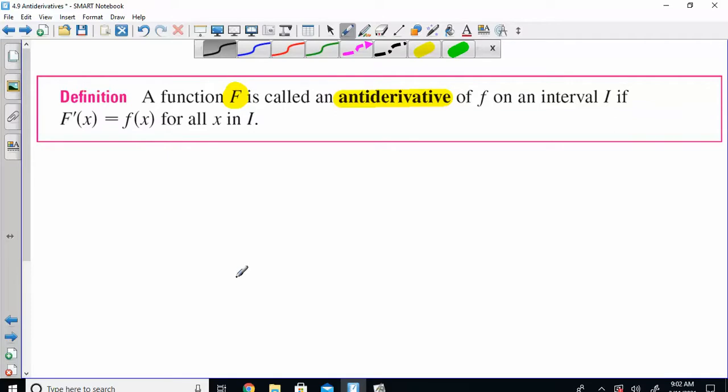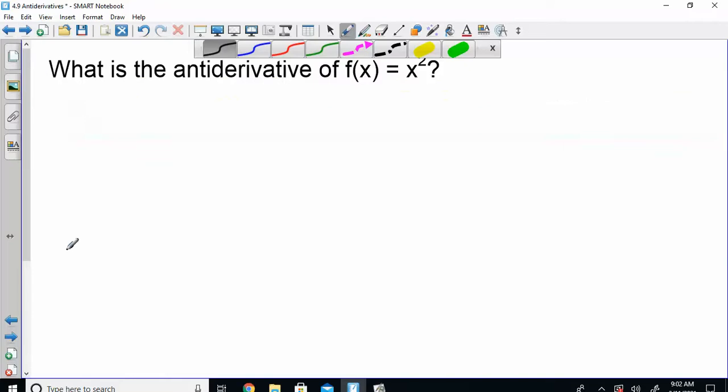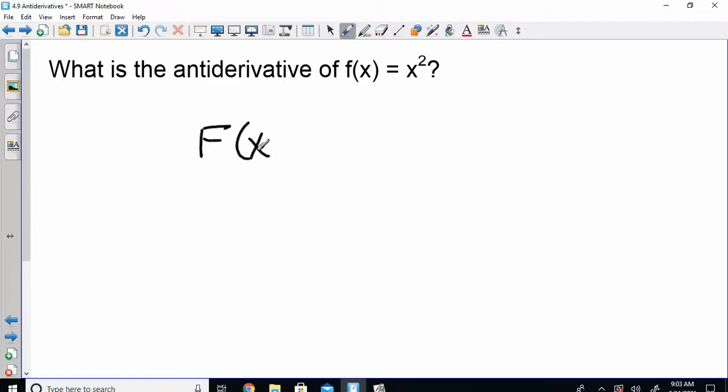So you're looking at the derivative and asking what was the function that had that derivative? For example, I want to find the antiderivative of x squared. So I want to know what would be the original function, the antiderivative capital F, so that when you take its derivative, you get x squared for an answer.